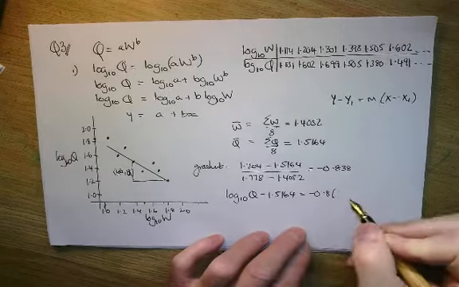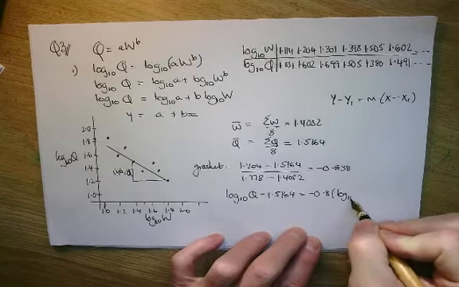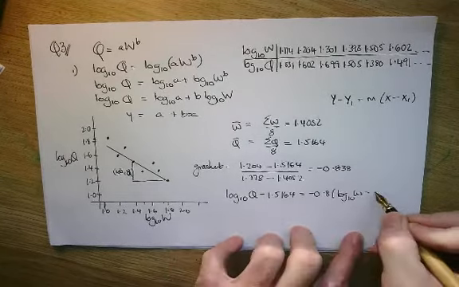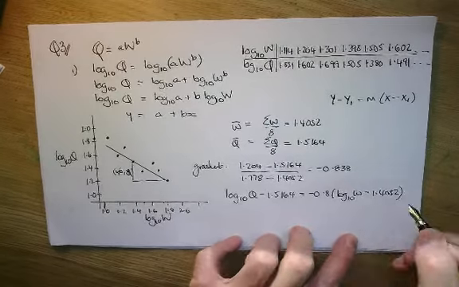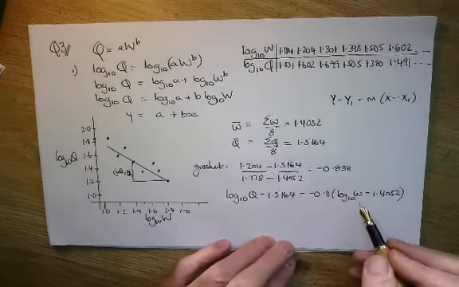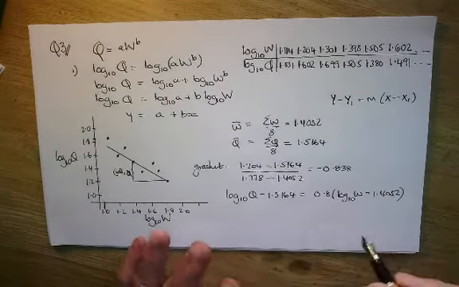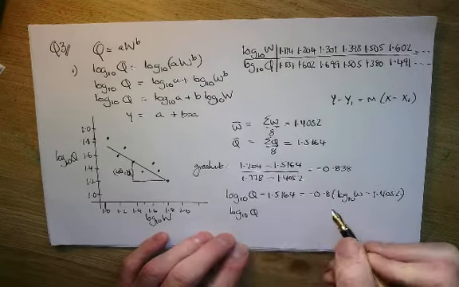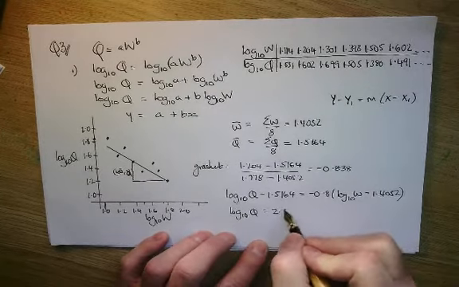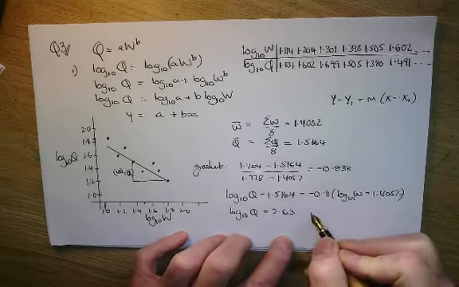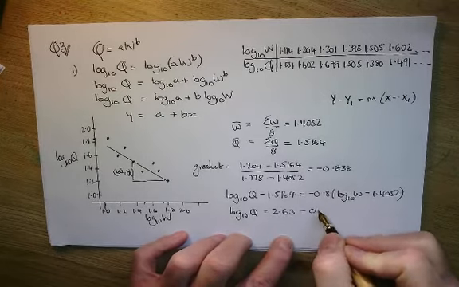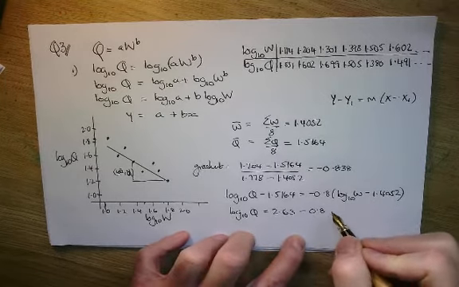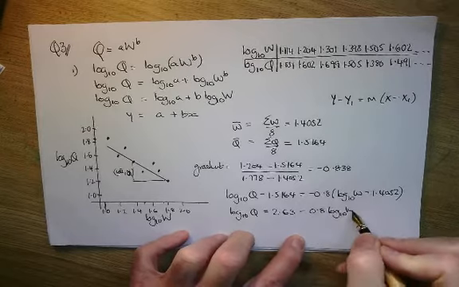So I would go along doing that, tidy that all up, and eventually I would get to something close to this. Now, obviously, if I were to do it properly using my calculator, which I don't see why I wouldn't, I would get more accurate data, because that's the whole point of using a calculator, isn't it?